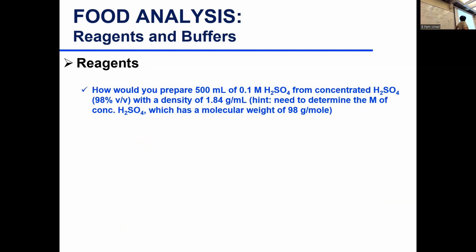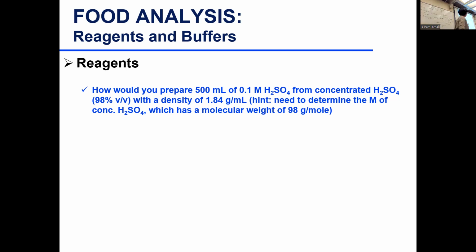We have to prepare, in this case, not a liter, 500 milliliters of 0.1 molar H2SO4, sulfuric acid. Usually we buy concentrated sulfuric acid bottles, and the label says the concentration is 98%, volume by volume, not weight by volume.